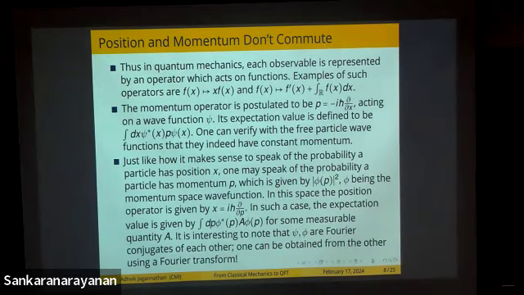In this case, the position operator takes f of x to x f of x, and the momentum operator is minus i h bar dou by dou x. You can think of it as a postulate of quantum mechanics that the position and momentum operators are these, and that they satisfy this relation.